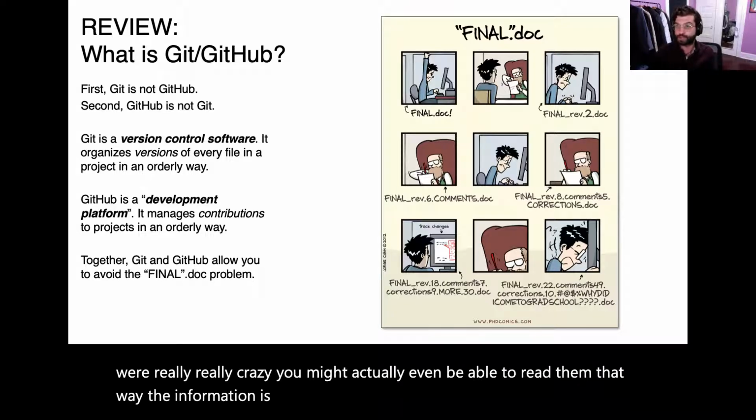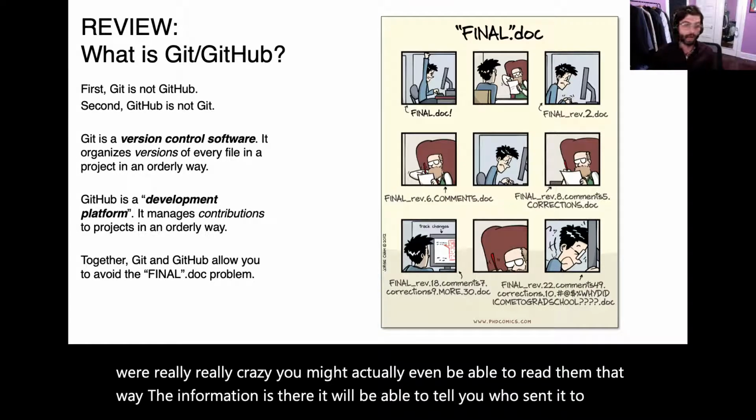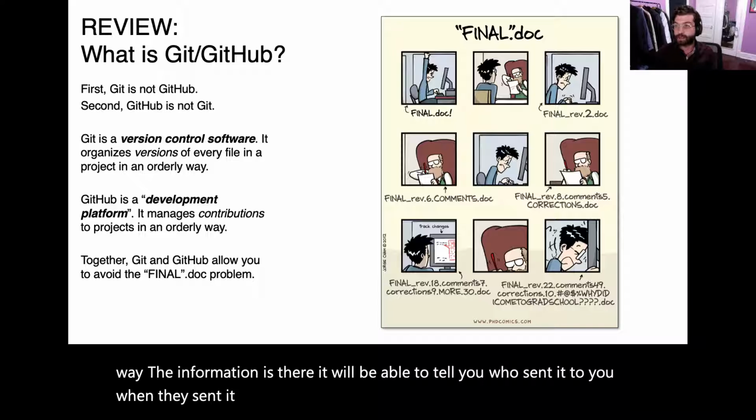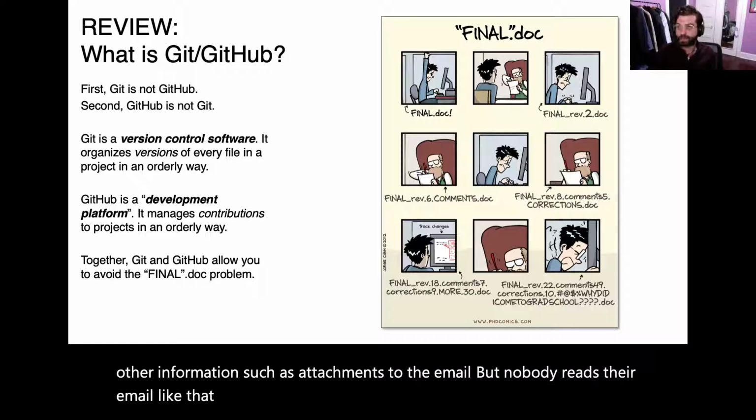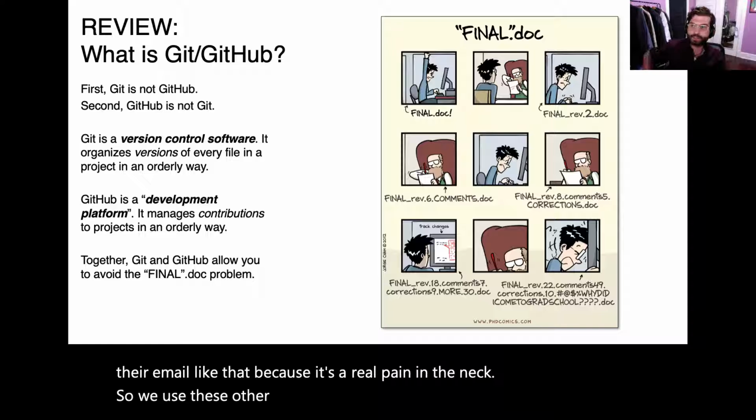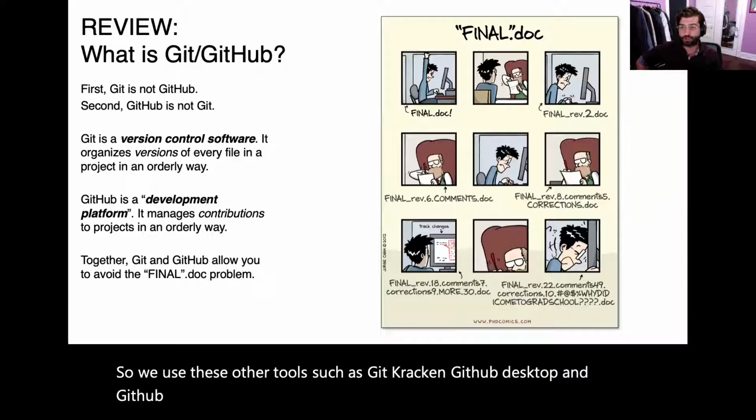It will be able to tell you who sent it to you, when they sent it, and the contents of the email, and any signatures and other information such as attachments to the email. But nobody reads their email like that because it's a real pain in the neck. So we use these other tools such as GitKraken, GitHub Desktop, and GitHub to make this stuff manageable.